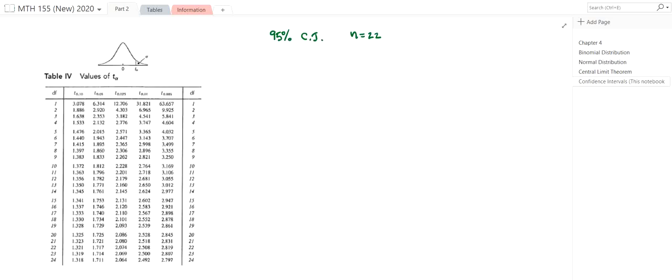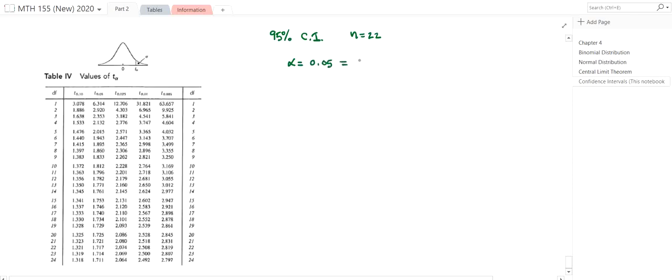Okay, so how do we figure out what t value to use in our confidence interval? Well, let's look at an example here. For a 95% confidence interval, where n equals 22, the size of our sample is 22, then alpha here is equal to 0.05.